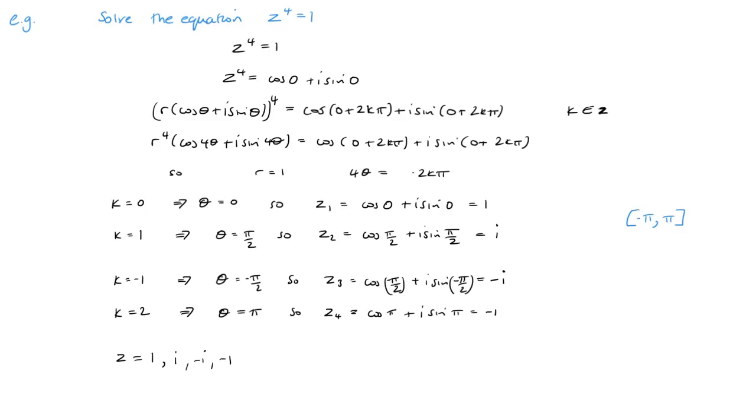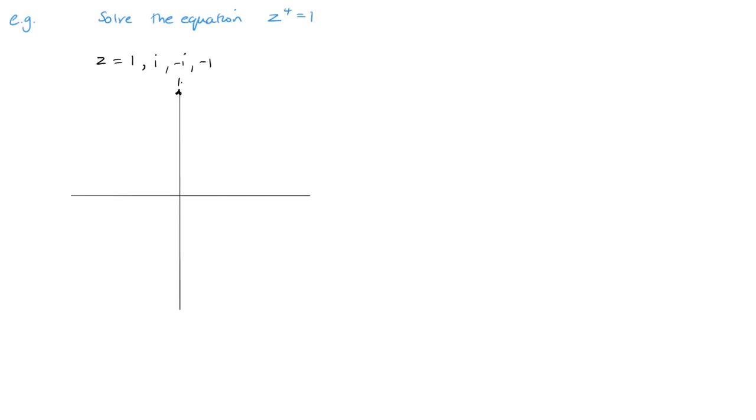Now, if we take these 4 solutions and plot them on an Argand diagram, so the imaginary and the real axes are there, and I'll plot them in red. So there's 1, i, -1, and minus i.